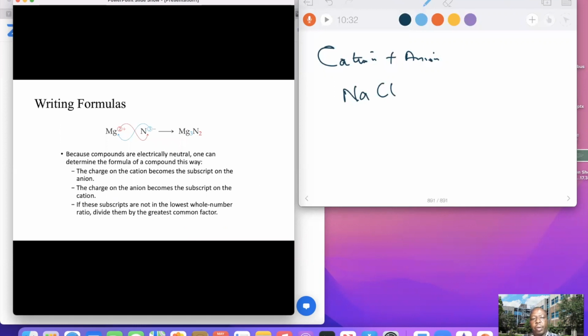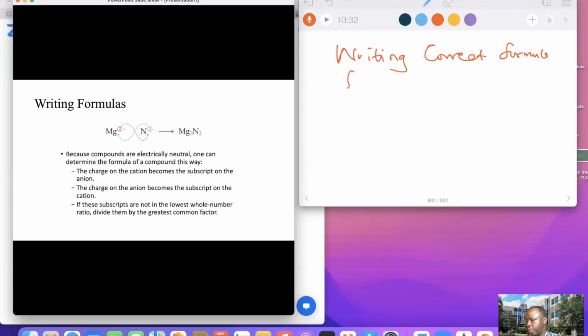Now, writing the correct formula for ionic compounds, you need to learn the crossover rule.